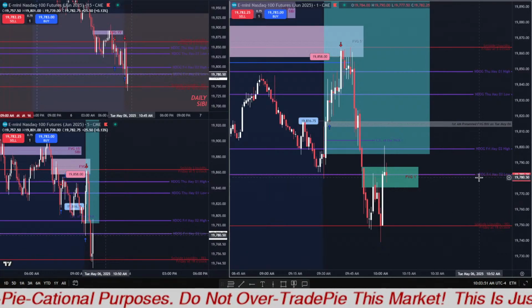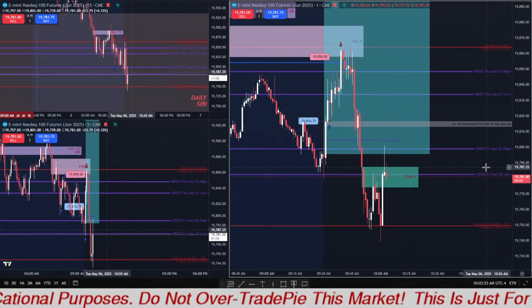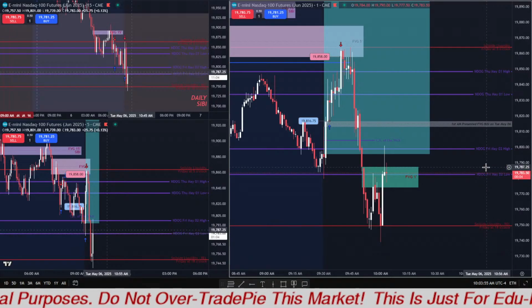Still, the market is respecting the low of the new day opening gap from last Friday.